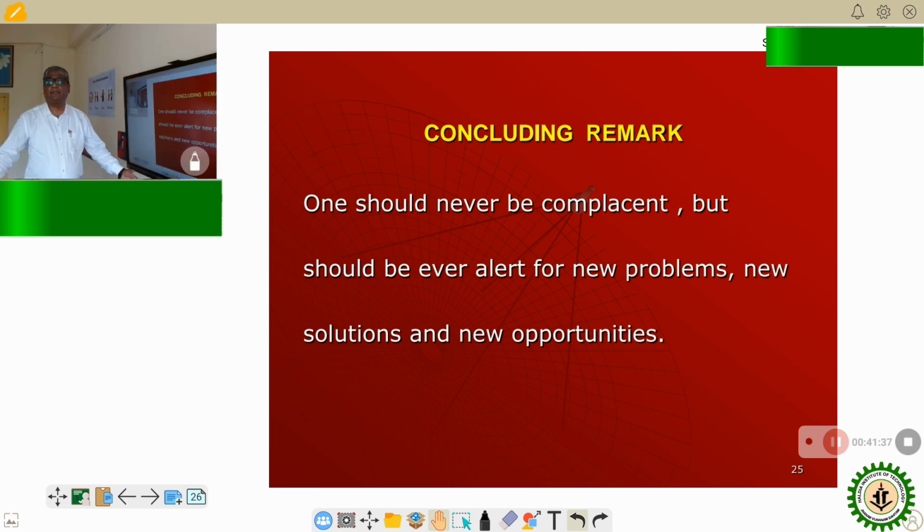If you have got a good laboratory setup and if you are working in this area, you have good experience, you will be able to do that. And that is always what you will get in a PhD. And finally I must say that one should never be complacent, but should ever be alert for new problems, new solutions, and new opportunities.